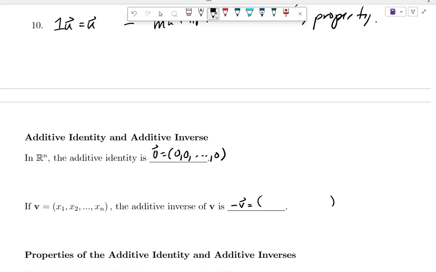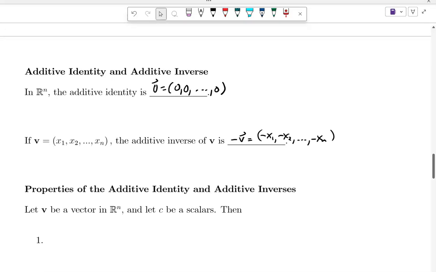What do you do with all the components? Yeah, just take them all negative. Take the negatives of each of them, right?